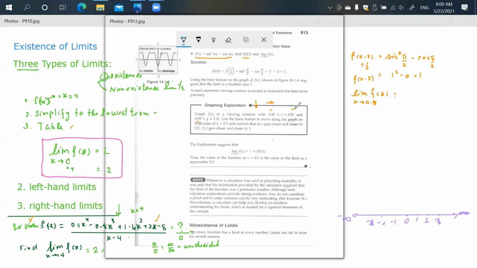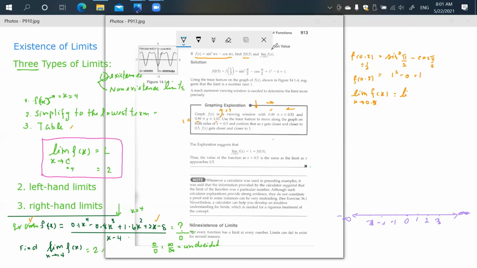And from the right, if x approaches from the right, you replace x with 0.51, and you get the value of y as 1.01 here. So you can see 0.99 and 1.01. On both sides, when you round it up, it becomes 1, right? And this side becomes 1 also, correct? So we can say the limit of this function, or we can write down, when you write down.